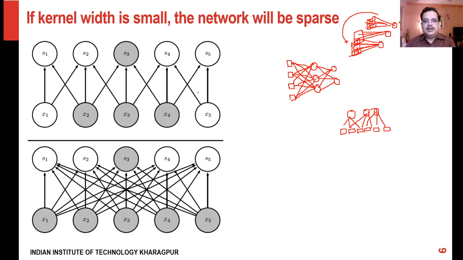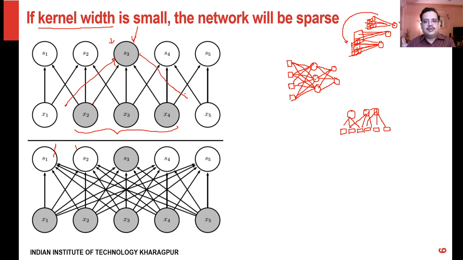Now, if the kernel width is small, that means I am dealing with a small subset of the inputs or the previous layer, then the network will be sparse. For example, here the kernel width is 3. So I am just taking 3 of them and they are feeding into a node of the next layer. Each node here is connected to only 3 from the previous layer, but in a completely connected one, it will be connected to all of them.